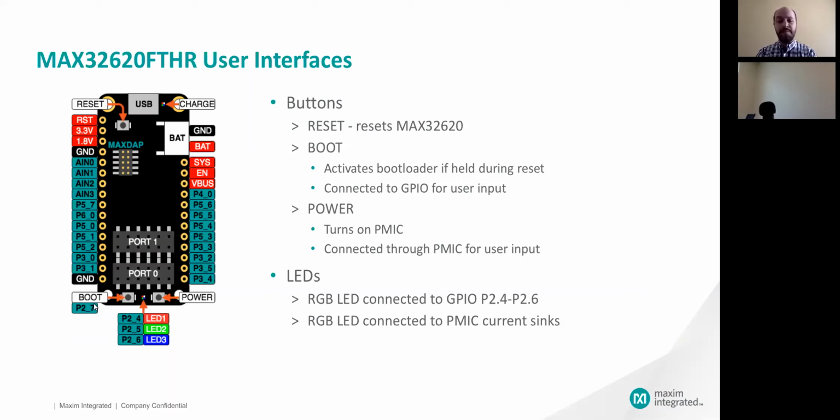The reason we call it boot is because when we ship the board from the factory, we preload a bootloader, and the bootloader looks at the state of that pin to determine whether you want to stay in the bootloader or jump to your application code. So that is the button that activates that. But after your code's running, you can just use it as a general input. As Ben mentioned, you can use PWM outputs to create a variety of colors on the RGB LED, and the power button and charge LEDs are connected through the PMIC, which you still have access to through I2C.